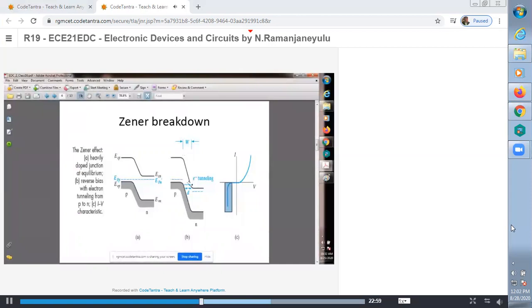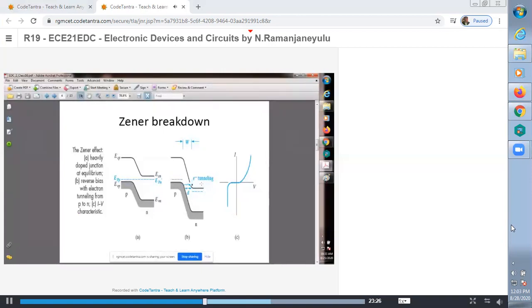Now what happens? Here, observe the blurred area. The blurred area indicates a large number of electrons available in the valence band, exactly opposite to the conduction band on the N side. Empty states are available, so immediately, after acquiring sufficient energy, electrons jump from the valence band to the conduction band, P side to N side.